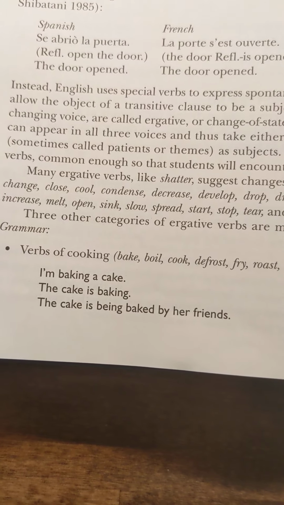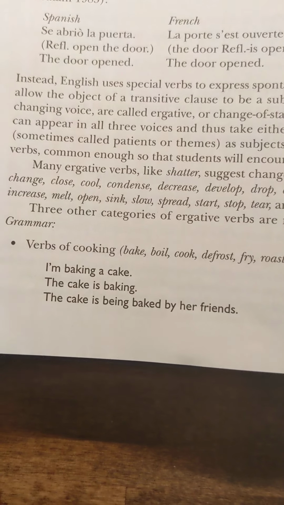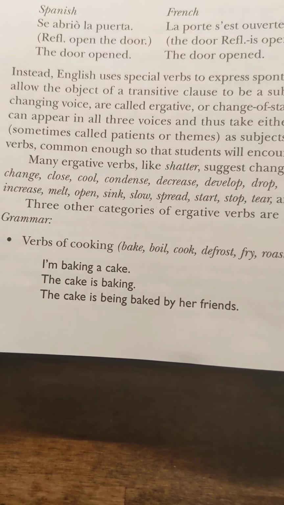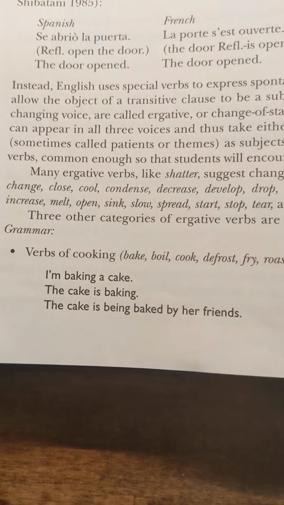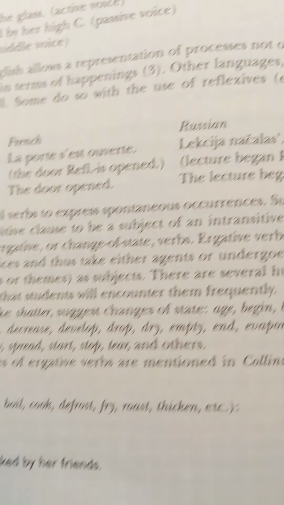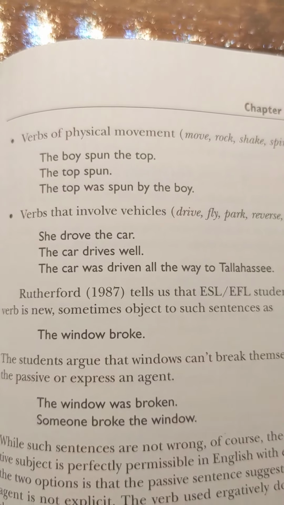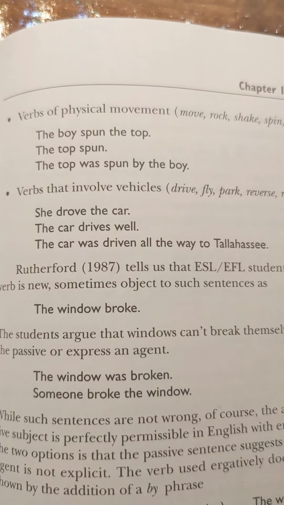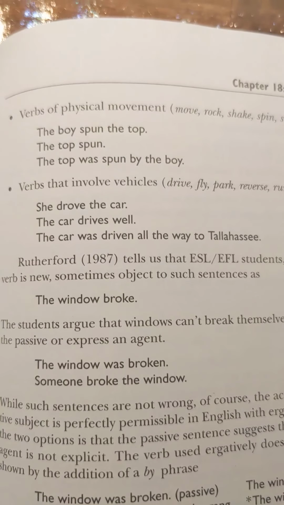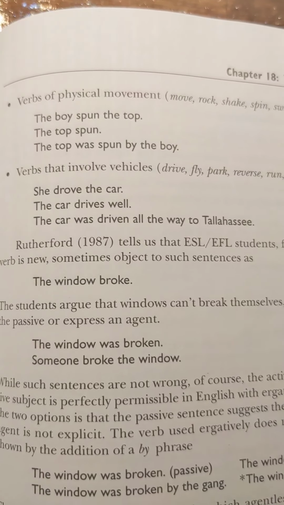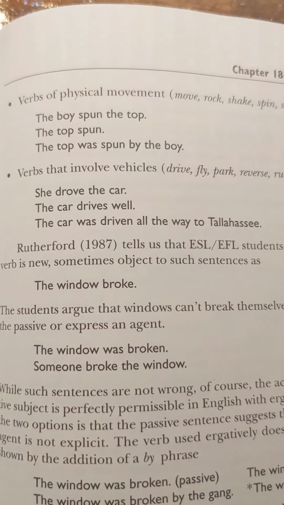And here are some verbs that can be used as a middle voice. The cake is baking. We don't know who is baking the cake. We just know that it's baking. So that's a middle voice. The top spun. That's middle voice. The car drives well. That is middle voice.